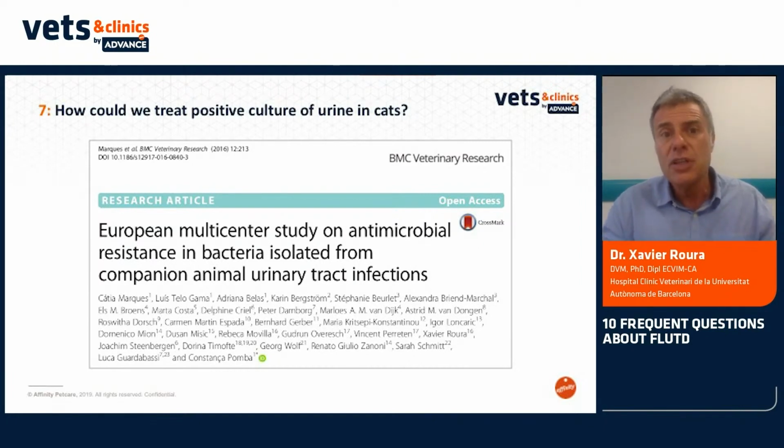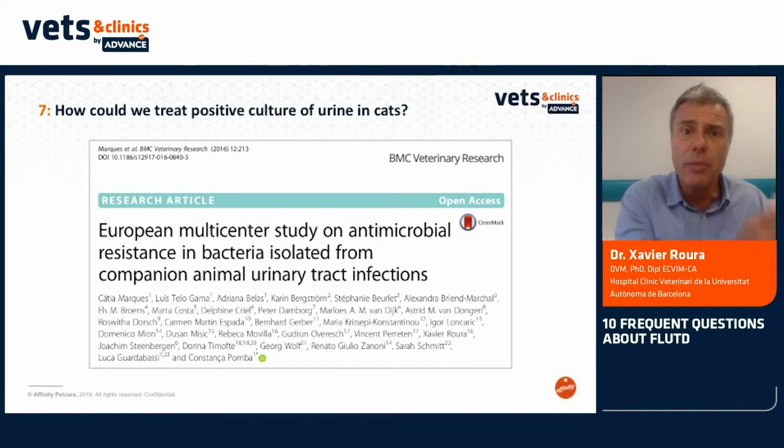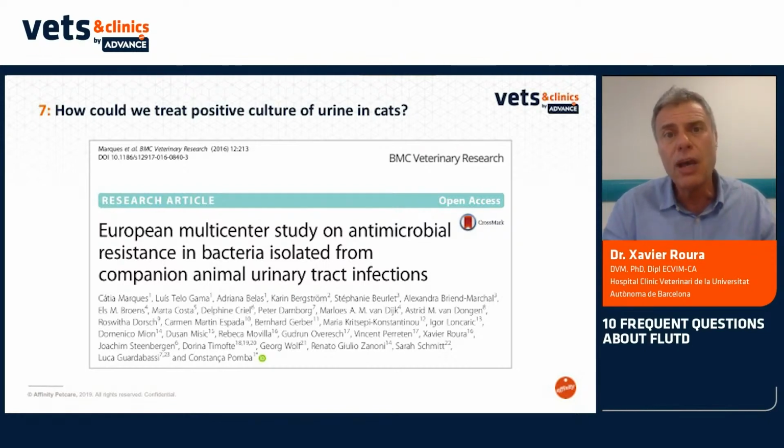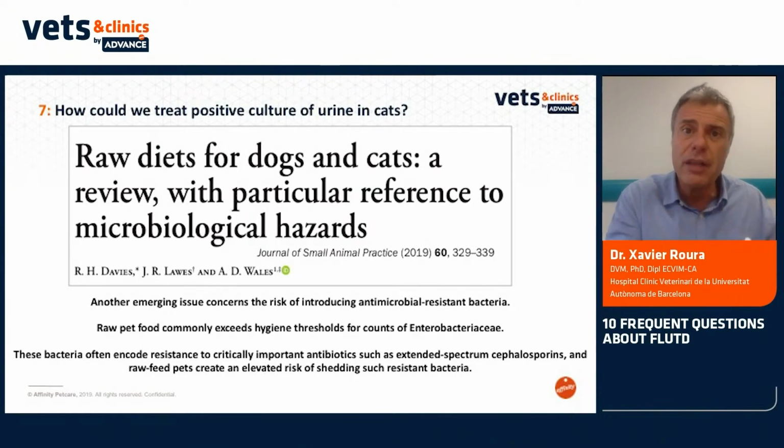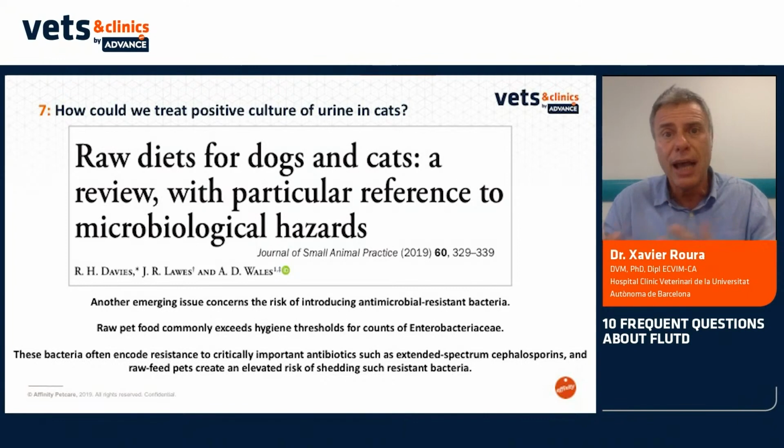But also, in this kind of treatment of urinary tract infection, it is important to follow this recommendation of the guidelines because we have an important problem of bacterial resistance in humans. So we have a problem of resistance also in human medicine. So we know that the control of this resistance could improve the control of urinary infections in humans, dogs, and cats.